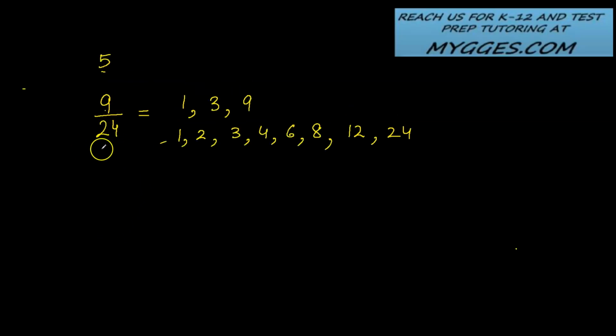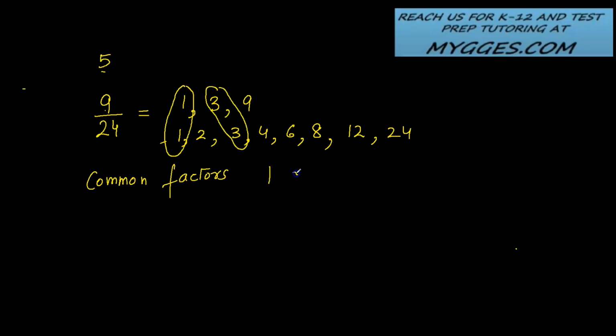The common factors of 9 and 24 are, you can see, 1 and 3. Now we divide both numerator and denominator by the factor 3, because we know if we divide any number by 1, it always remains the same. So we always skip 1.